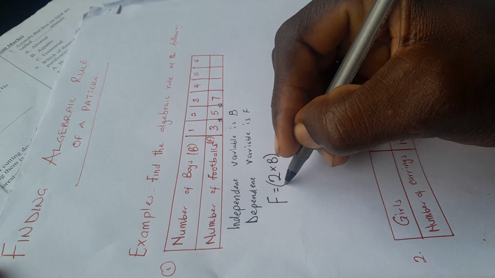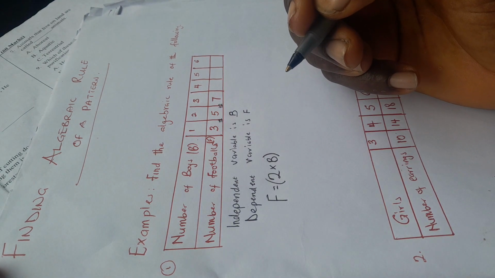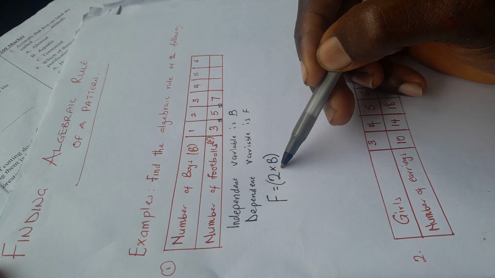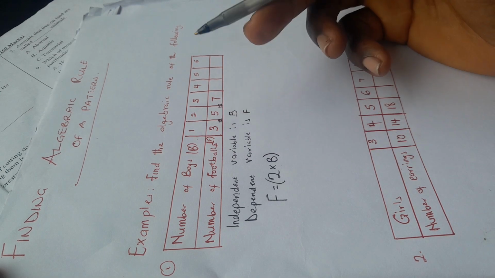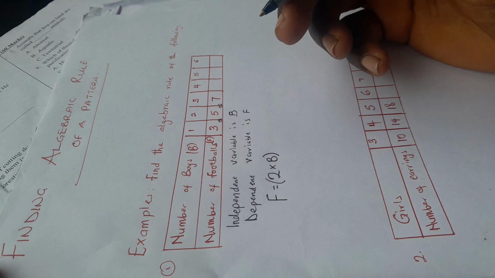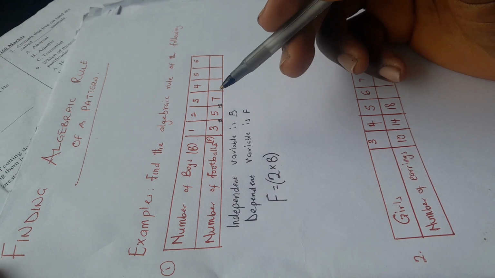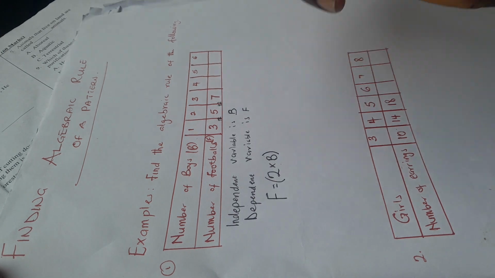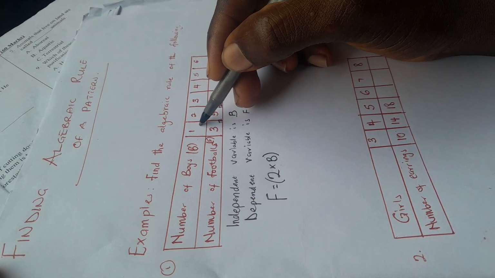Let's put this in brackets. When we get this, we will compare the rule that we are forming with the table to see if they are equal. If they are not, then we add the difference in the table to the rule. So let's consider when B is equal to 1.